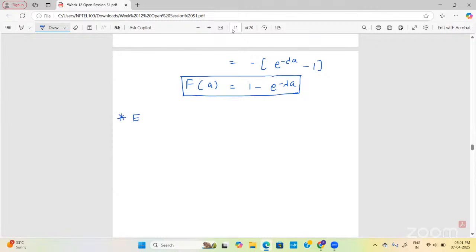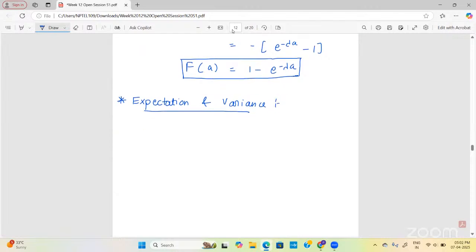Next, we have to find the expectation and variance. By using the same formulas, you can find the expectation and variance for exponential distribution as well. Here I am writing the direct formula, which is very easy to remember. The expectation of X is 1 upon lambda. You can see that lambda is the parameter, so 1 upon lambda is the expectation and the variance is 1 upon lambda square.